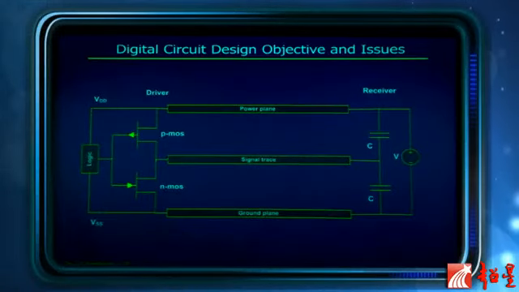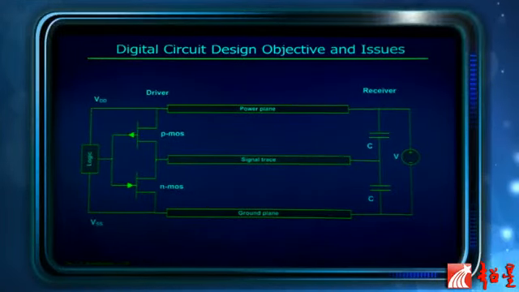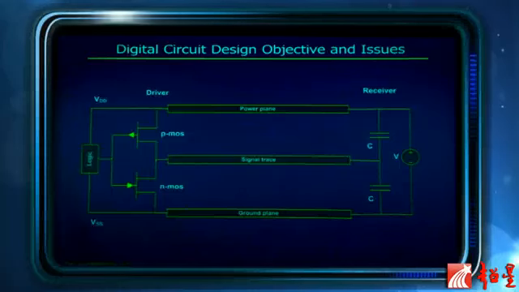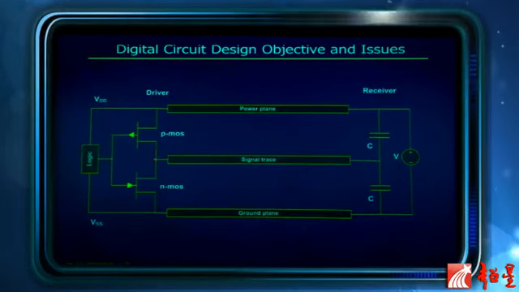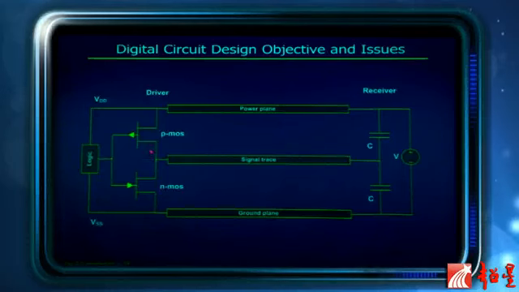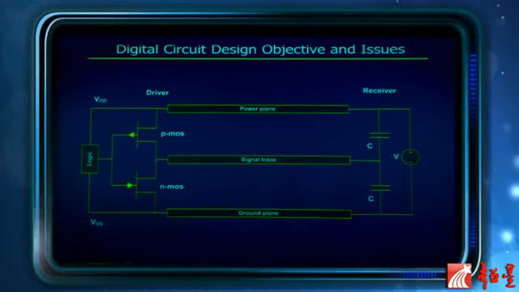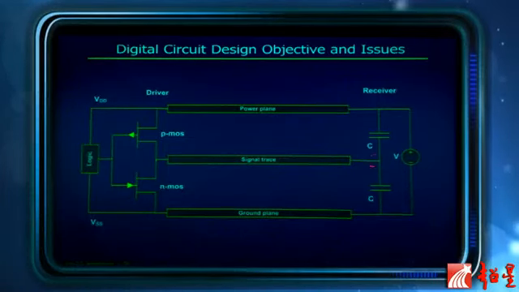Let me go to this simple model. Actually, the model is very simple. What we want to do is go from here, the driver, which is a CMOS driver, and send the signal through this signal trace to the receiver.